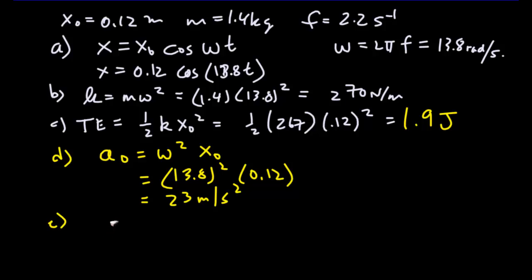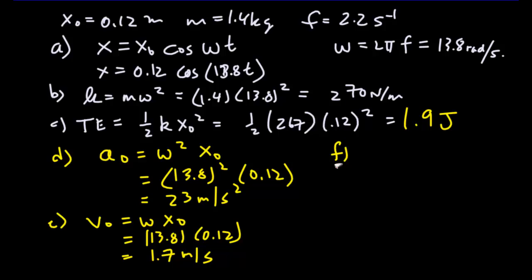Part E, we're looking for the maximum velocity, which should equal omega times the amplitude, which will be 13.8 times 0.12. And that is equal to 1.7 meters per second.